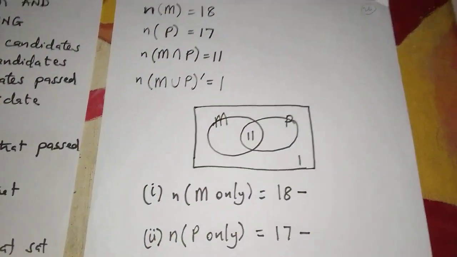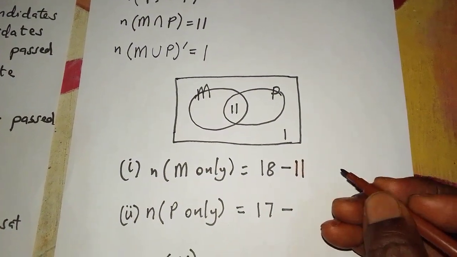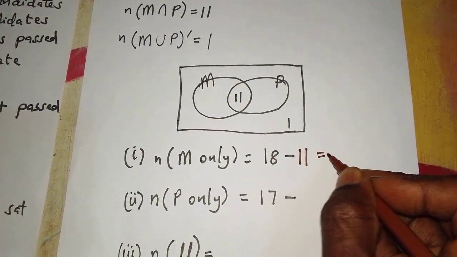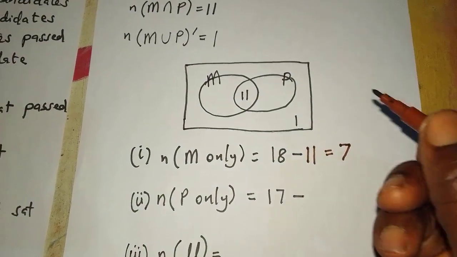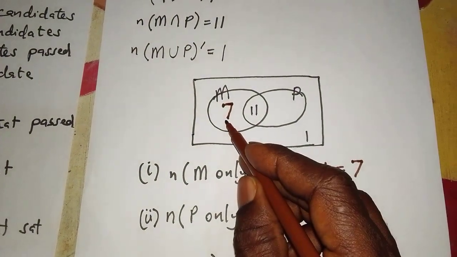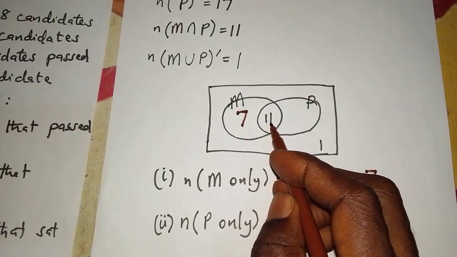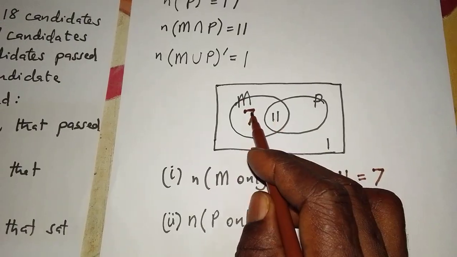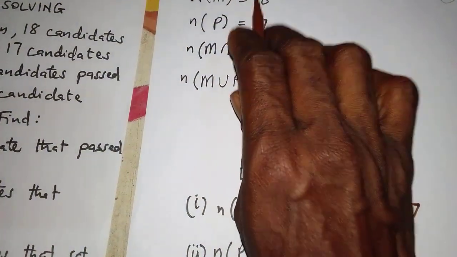So that will give us 18 minus 11, which gives us 7. So it means 7 students passed only mathematics. 11 students passed the 2 subjects. So the people that pass mathematics are 7 plus 11, which gives us 18.